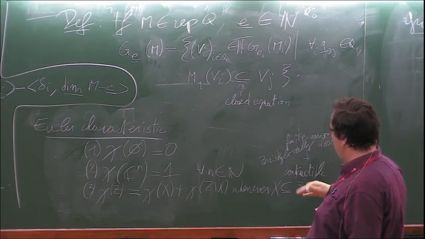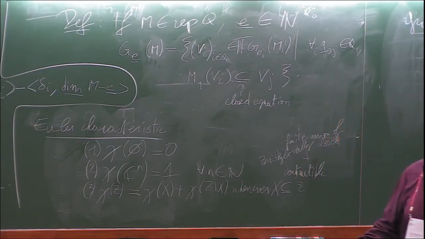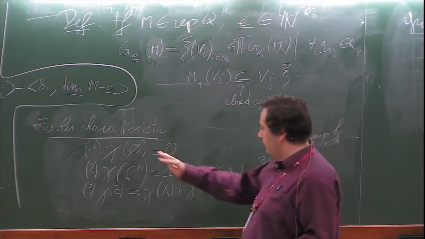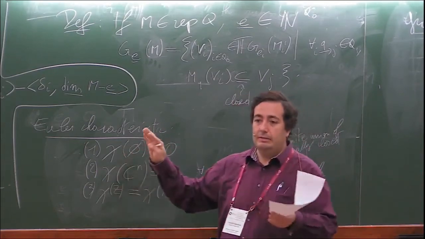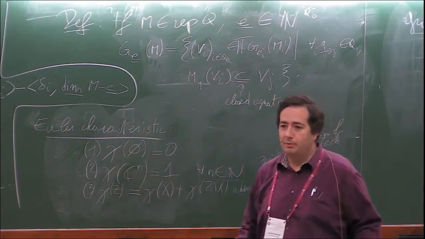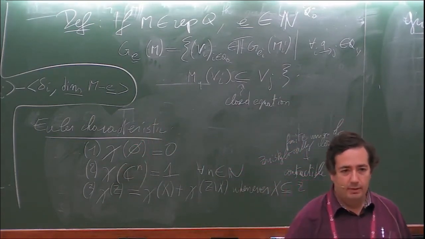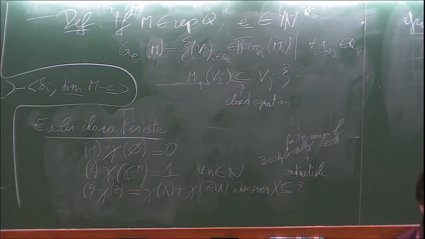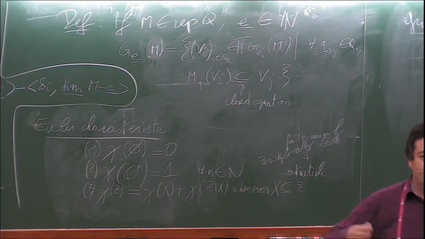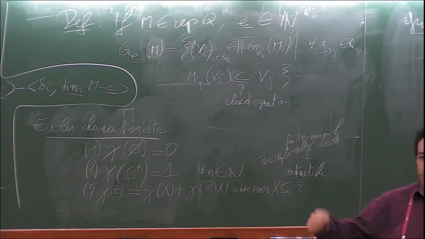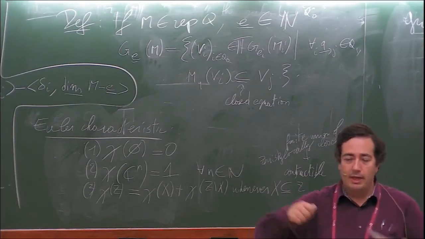Maybe it's almost an anecdote, but why is it called constructible? It's because it's exactly the smallest set of subsets of V which contains open subsets and is stable by union, stable by intersection, and stable by complement. So you can kind of construct all these things just by iterating this.